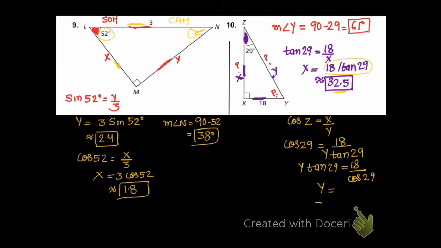You just simplify 18 over cosine 29 and tangent 29. When you solve it, your answer is going to be 37.1. All right, y is 37.1.